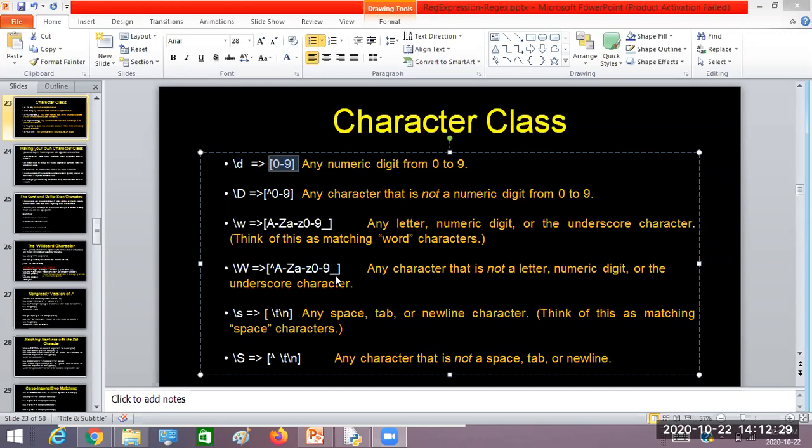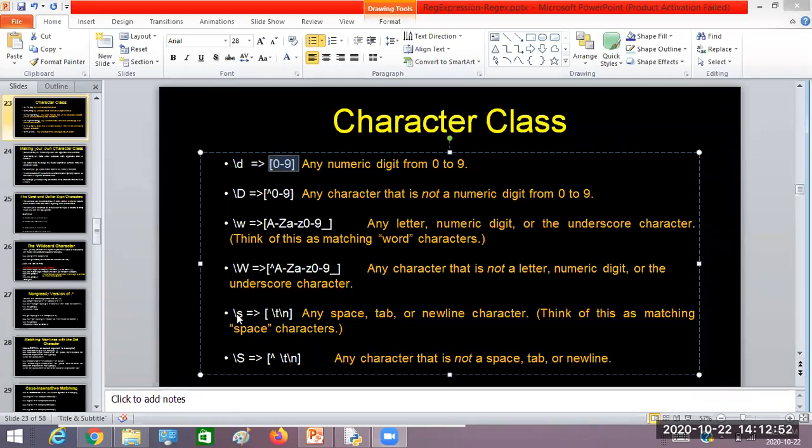Except underscore, it is going to match any other special symbols, right? Because all letters are being considered, letters are there, 0 to 9 is there, and the special character underscore is there. Only special characters except underscore will be matched with this backslash capital W, right?